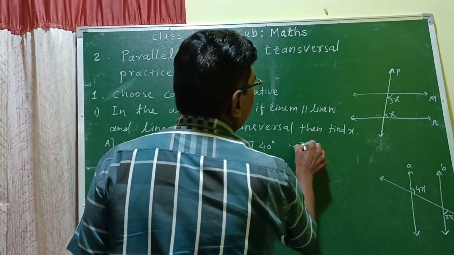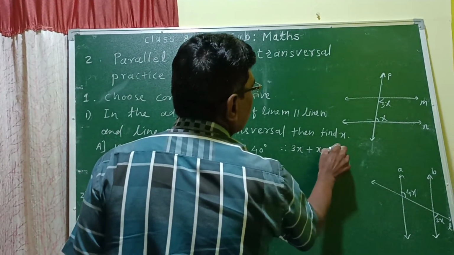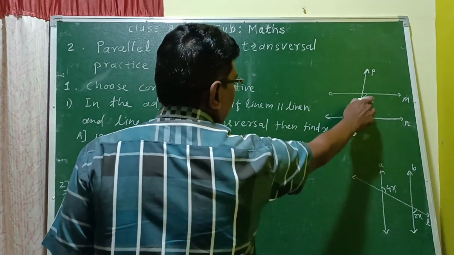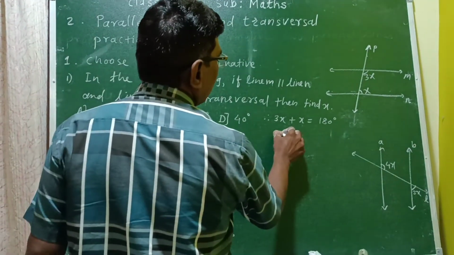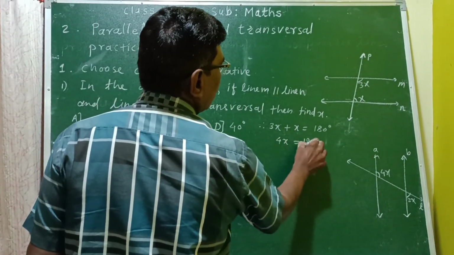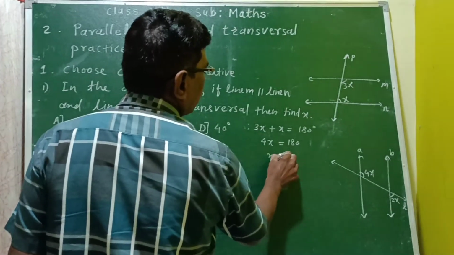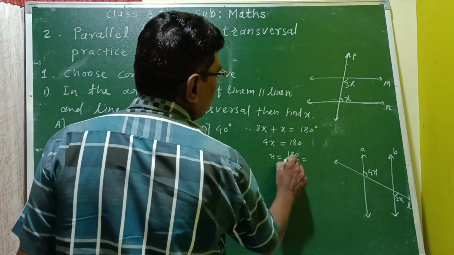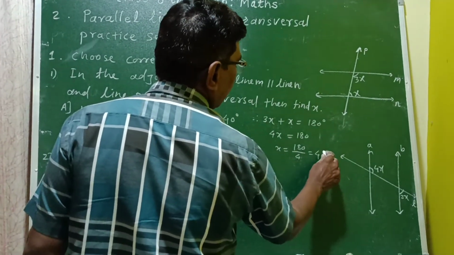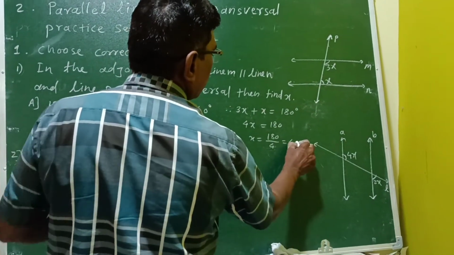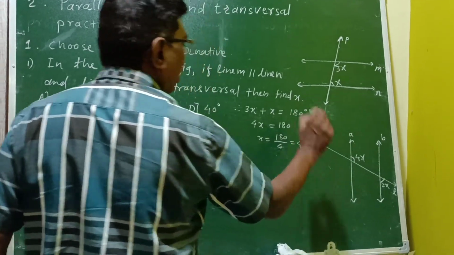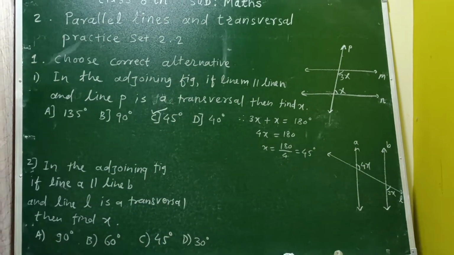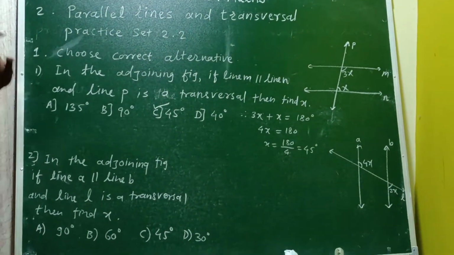Therefore 3x plus x is equal to 180 degrees, as interior angles are supplementary. So 4x is equal to 180, x is equal to 180 upon 4, that is 45 degrees. Therefore, C is the correct alternative.